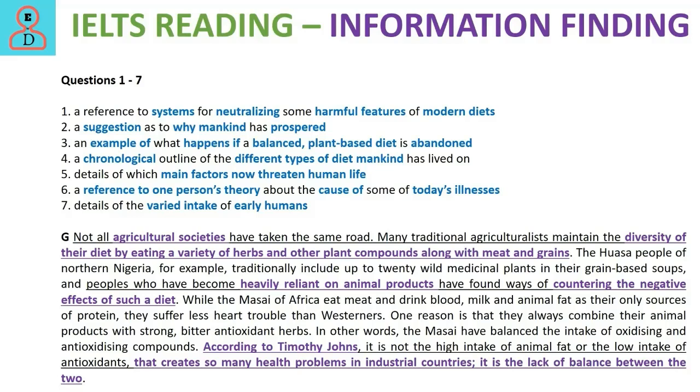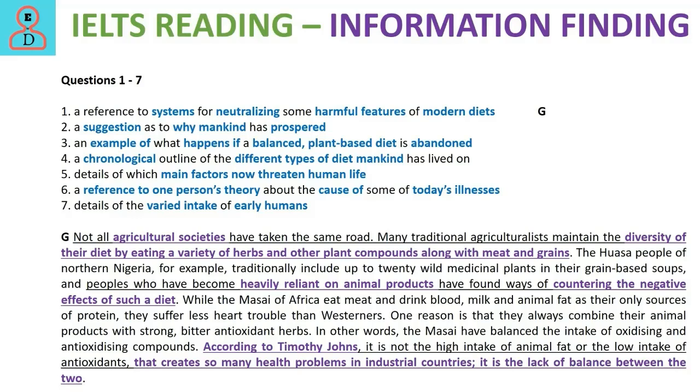In the middle part, note the words "countering" and "the negative effects." Countering is the synonym for neutralizing, and negative effects are used for harmful features. So, combining top and middle lines, we can easily say that paragraph G is the answer for statement number 1.